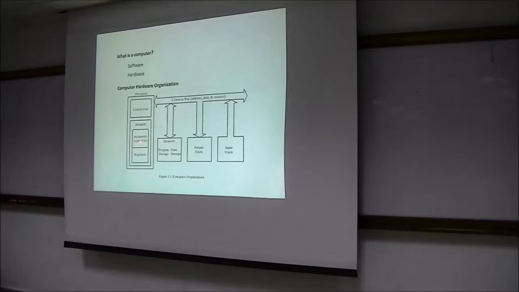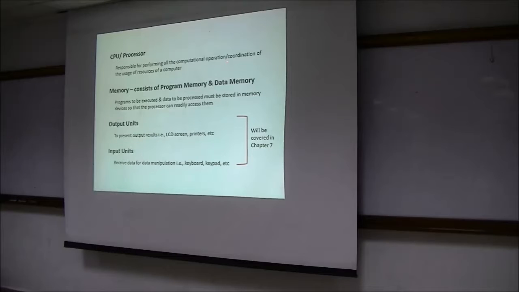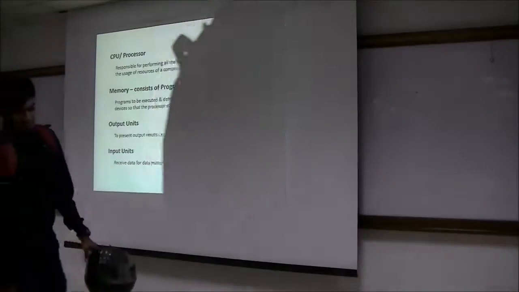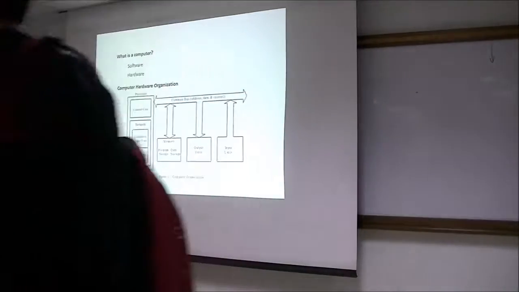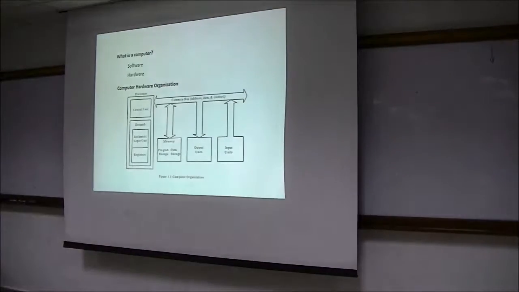So what does the processor do? It performs this arithmetic logic unit. And also, what's the second one? It also coordinates the usage of resources of a computer. So what does it mean? You have the memory, you have the input and output.